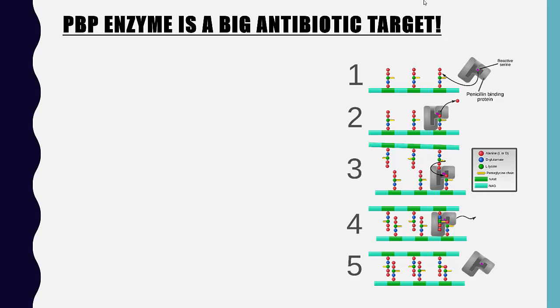But what would the drug literally go after and attach to? Well, how about one of the enzymes that makes the peptidoglycan? Aha, and that is a key point. So this enzyme is called the PBP enzyme, and it is a huge, big antibiotic target, and we're going to talk about it a lot.